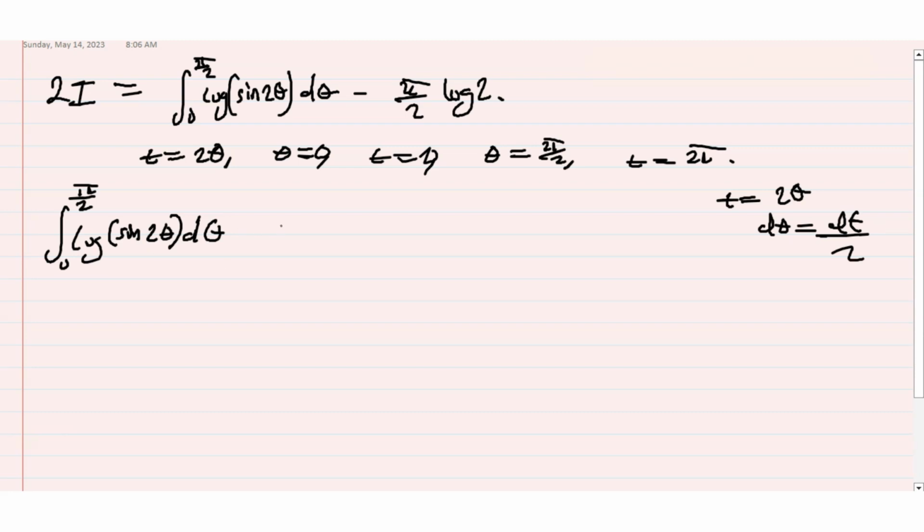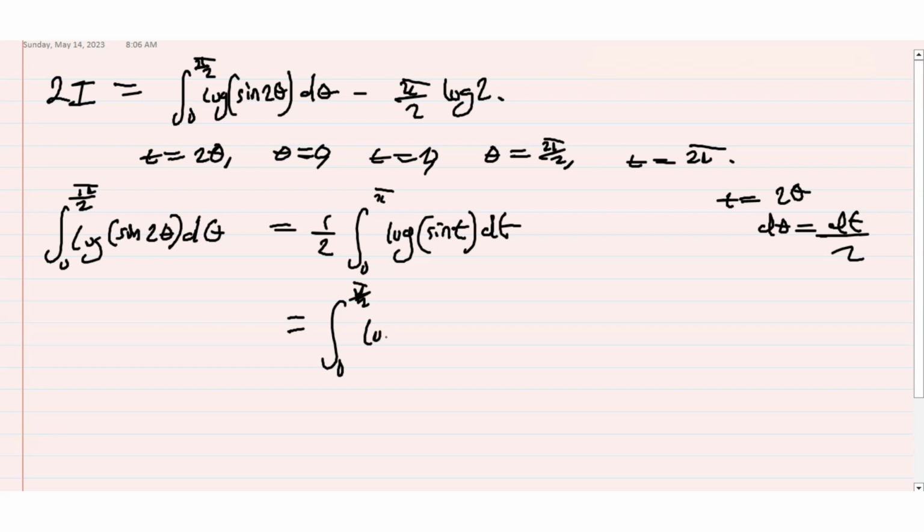So this is equal to half of the integral from 0 to pi of the logarithm of sine of t dt. Now this is essentially the same thing as the integral from 0 to pi over 2 of the logarithm of sine of t dt.